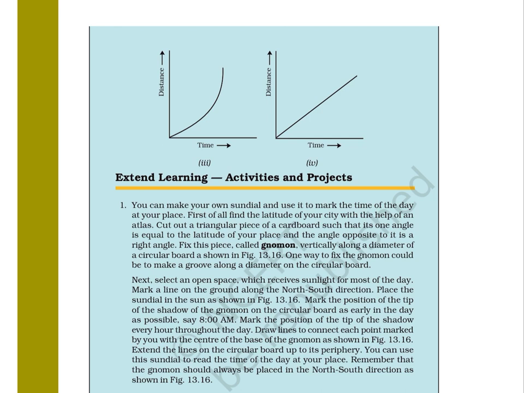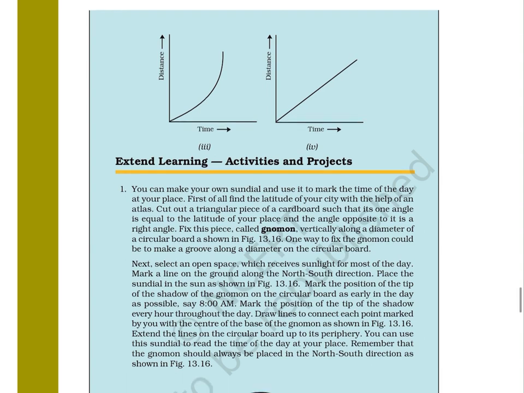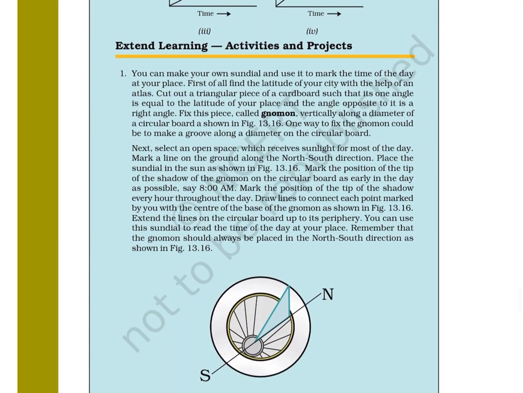Page 158, Extended Learning Activities and Projects. 1. You can make your own sundial and use it to mark the time of the day at your place. First of all, find the latitude of your city with the help of an atlas.